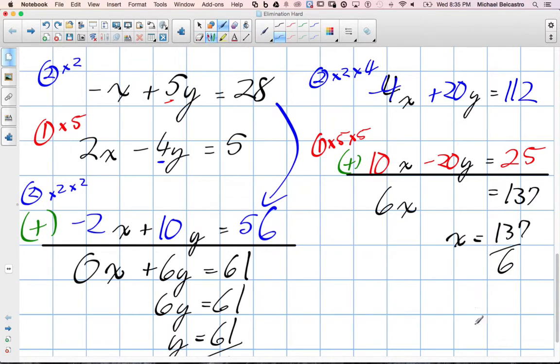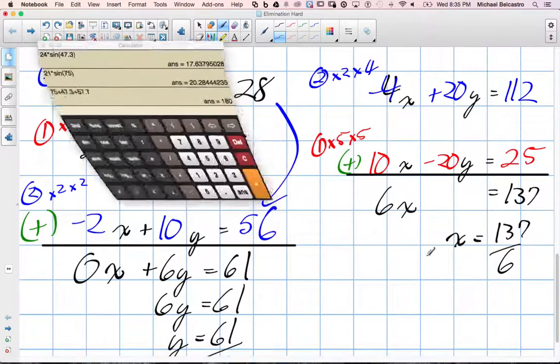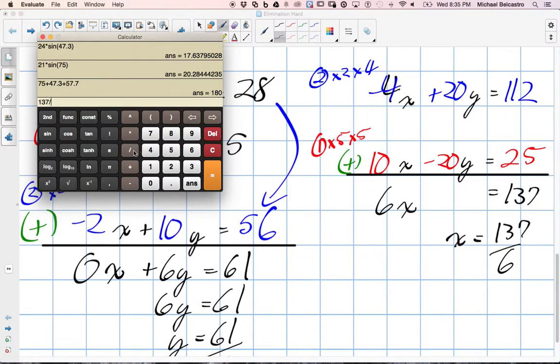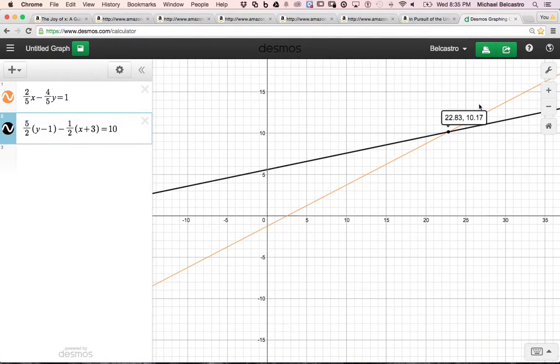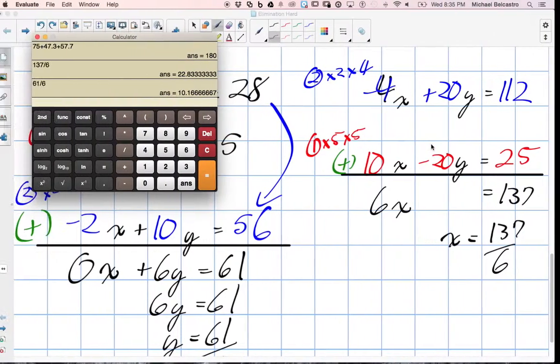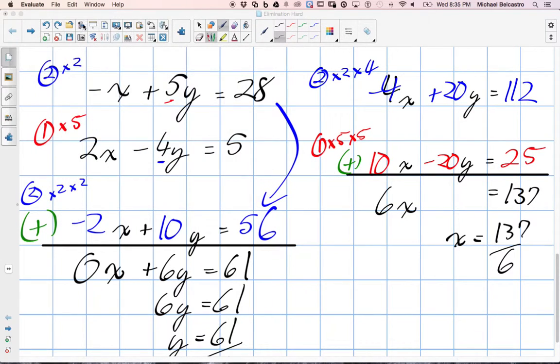Okay. So we put in our calculator 137 over 6. 137 divided by 6 equals 22.83. And I'm just going to put 61 divided by 6 also in there. It's 10.16 and 22.83. And when we put the lines on here, that's exactly what we got. Good. We corrected our mistake.